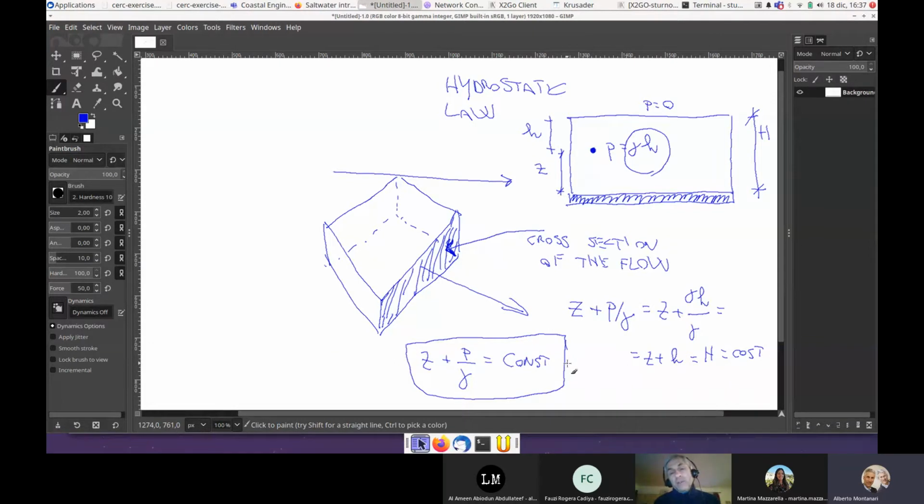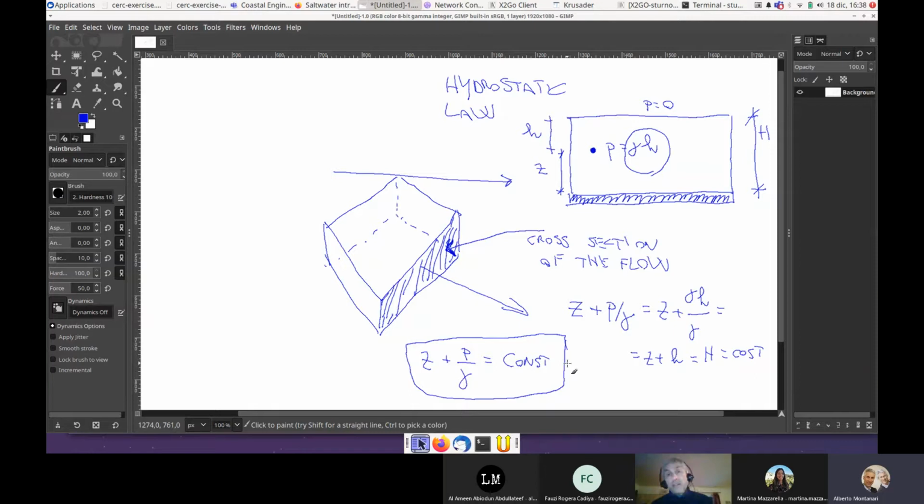The hydrostatic law is particularly interesting because it allows us to compute the pressure that the water exerts on a fluid particle, the pressure exerted by a column of water over something, in this case a fluid particle.